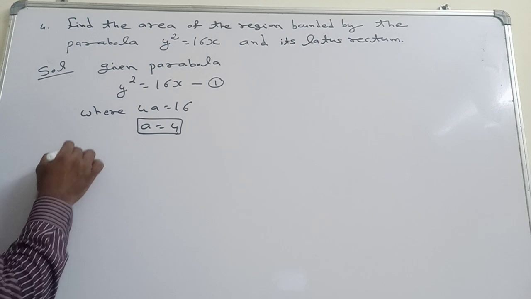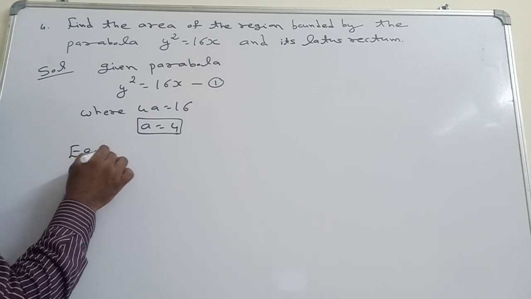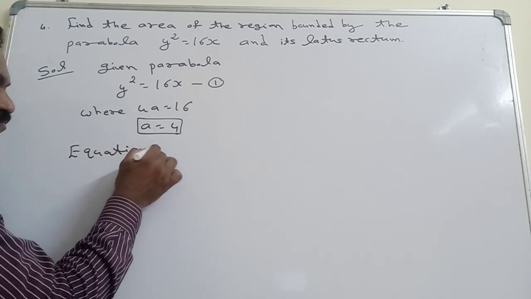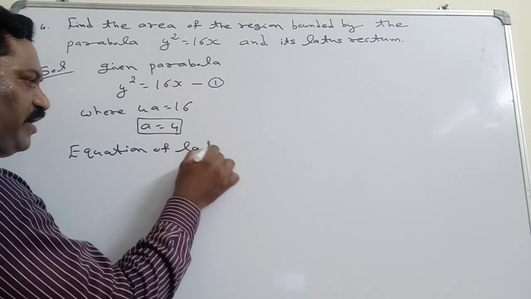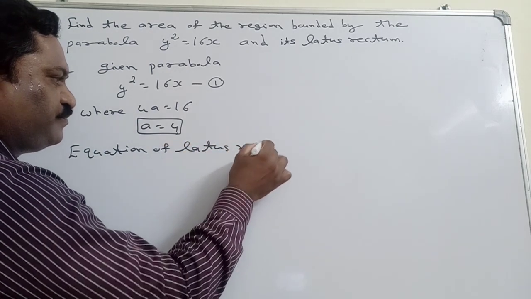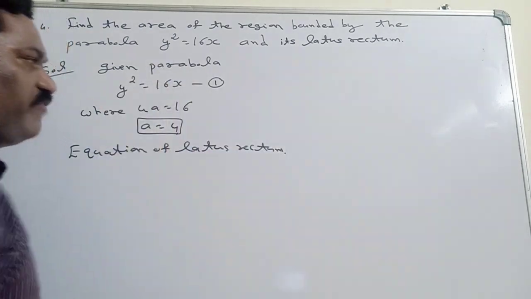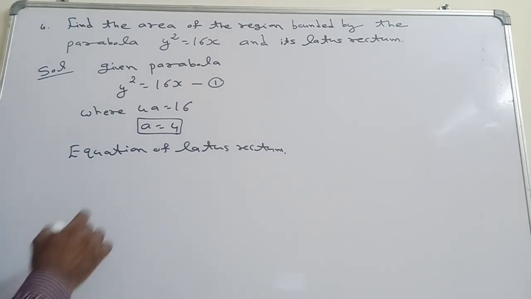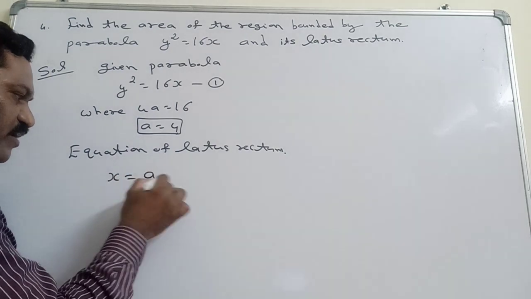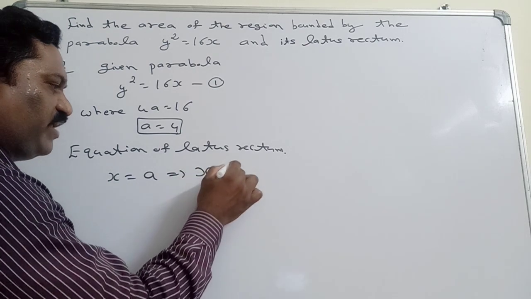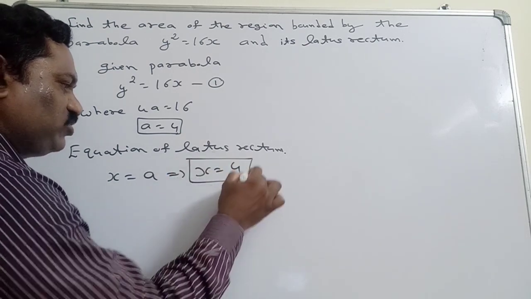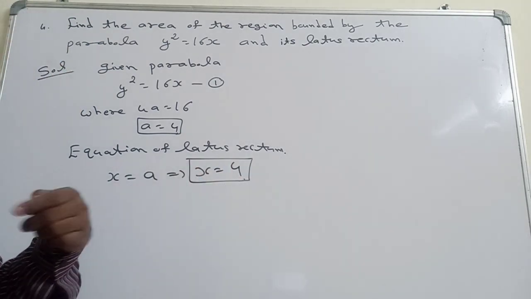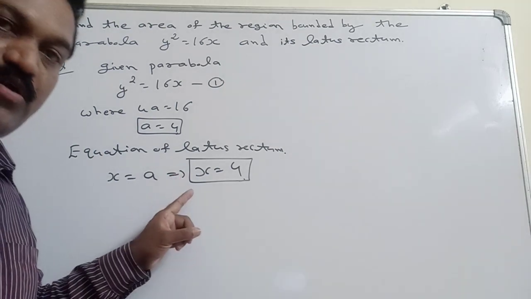And if you consider the equation of the latus rectum for the parabola y square equal to 4ax, it is x equal to a. That implies, where a is given as 4, the equation of the latus rectum of the given parabola is x equal to 4.